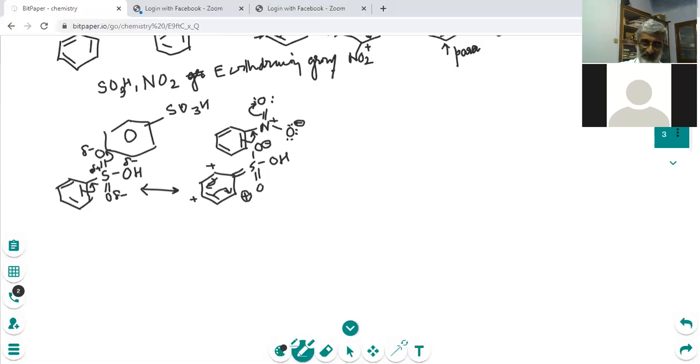That's the last structure, in which the double bonds have changed their places. So this is what we call the resonance effect.